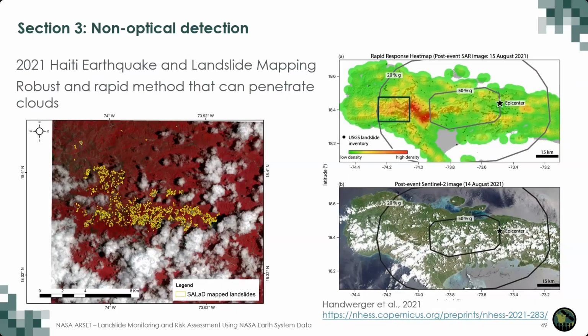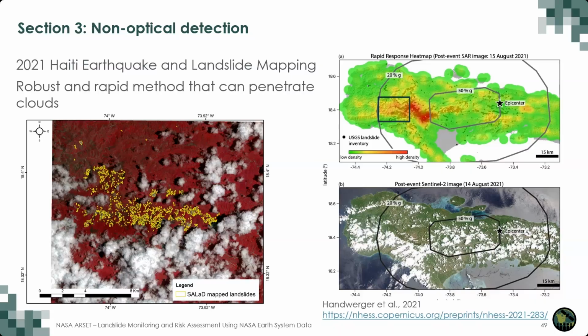You can see here on the left-hand side an image of landslides mapped using the same method that my colleague Pukar spoke about just a second ago, the yellow polygons of the landslides mapped in the center of the image. But you can also see the number of clouds that were evident here. This is a highly cloud-covered area, and although we could see some areas with optical imagery for mapping, not all were immediately visible.